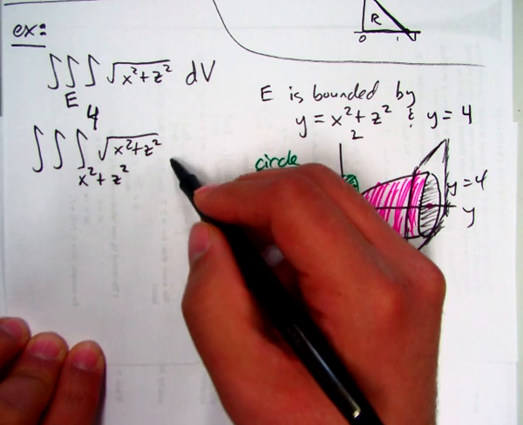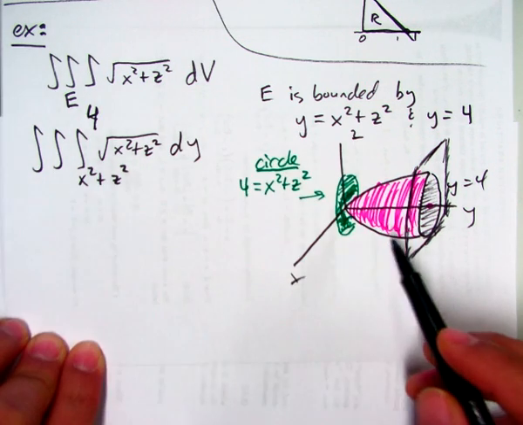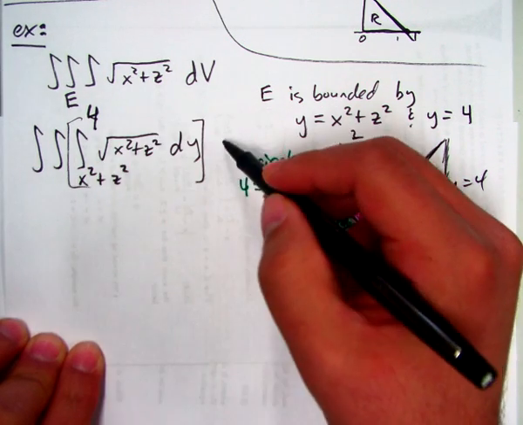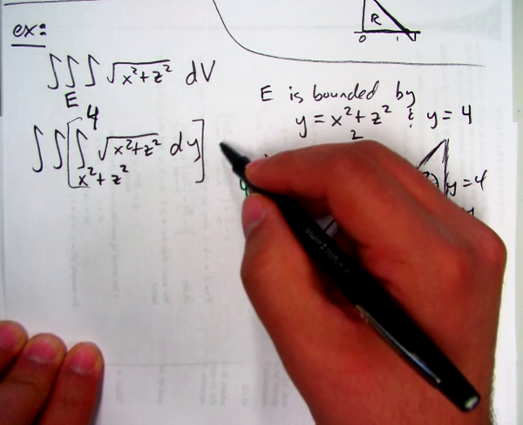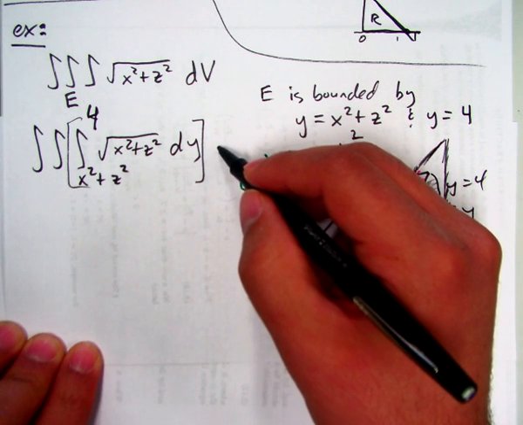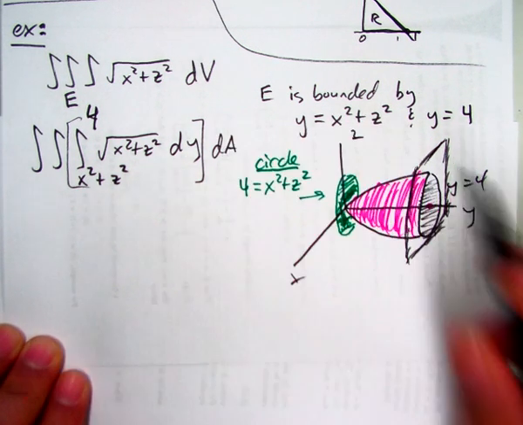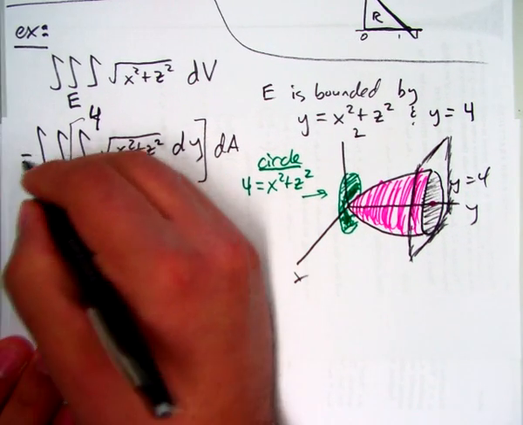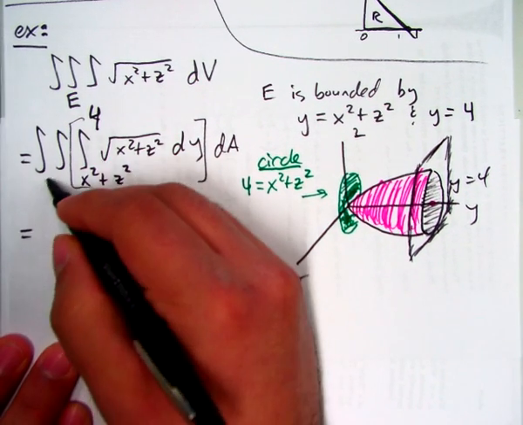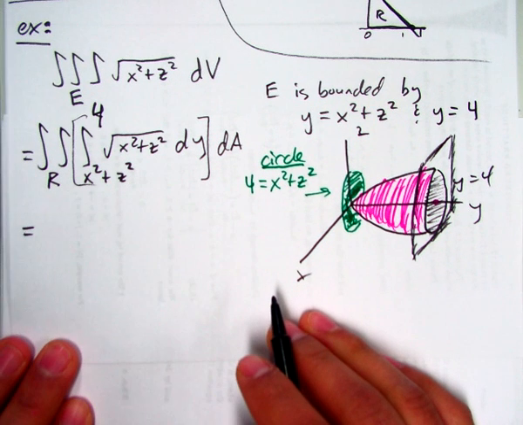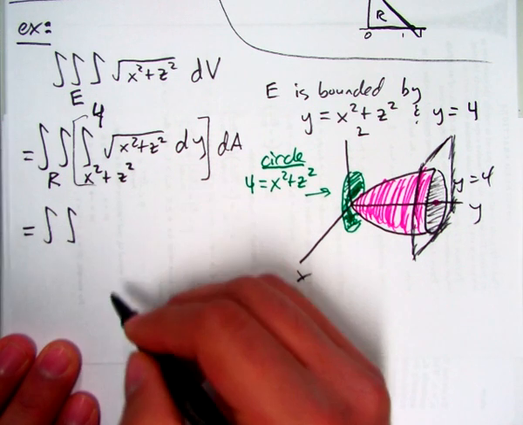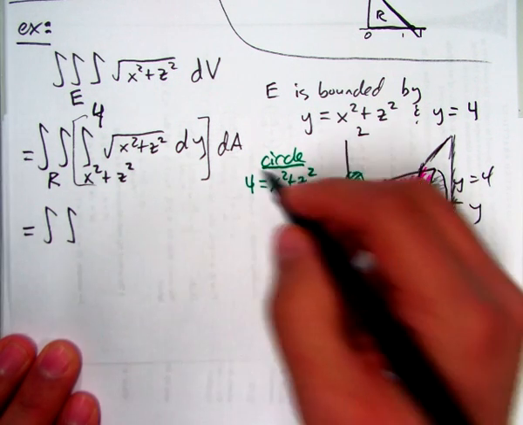So in the y direction, we're going to have something like this, and then we have dA. Maybe I go dz dx. So we'll keep this.